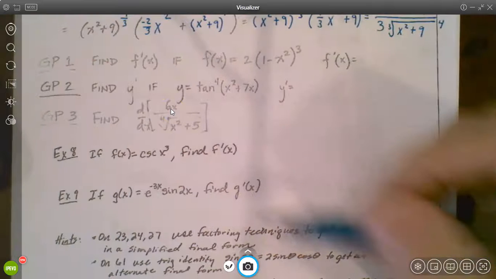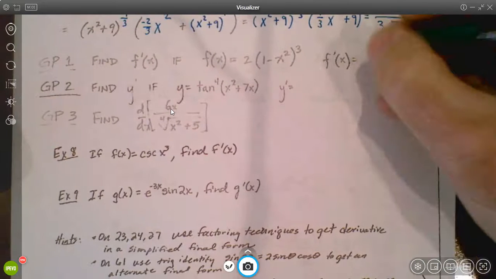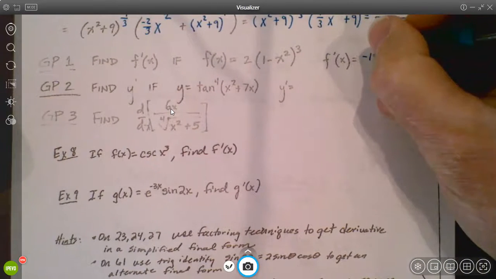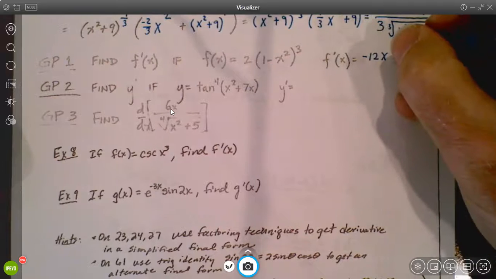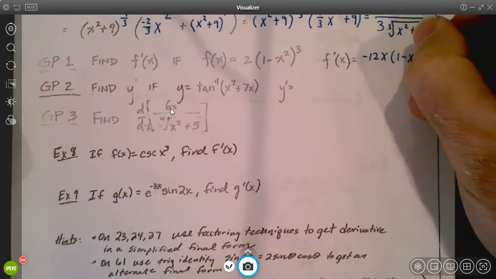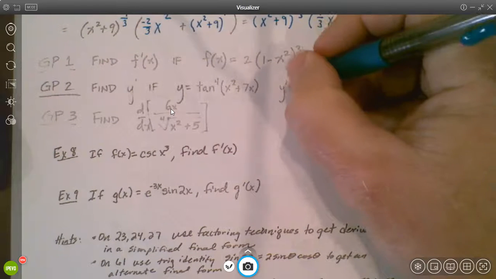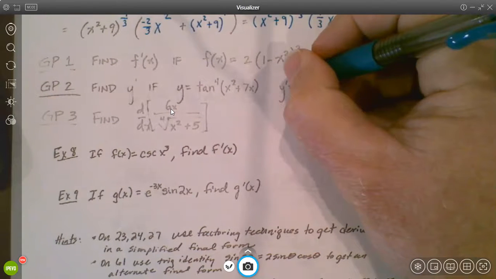So let me just throw in the answers. If you do want to give them a shot, here are the answers that you should come up with. For the first one, you should end up with negative 12x times (1 minus x squared) squared. And for the second one, this guy had a bit of a lengthier answer. I'm going to try to write small.